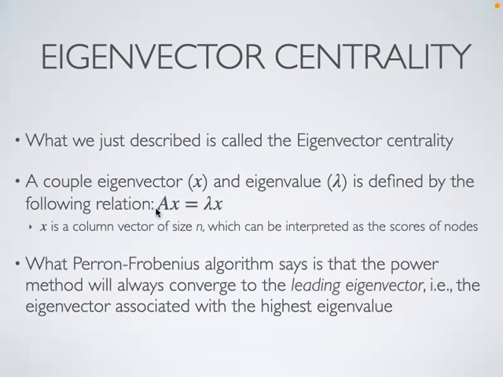If you take your adjacency matrix, which defines who is connected to whom, and you multiply that by an eigenvector which corresponds to the centrality of the nodes, so you have a vector of size n, and each value corresponds to the centrality of the corresponding node, then you go back to the same value with a normalization, which is that lambda.